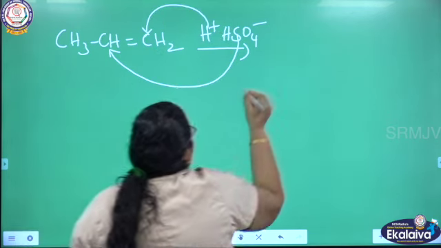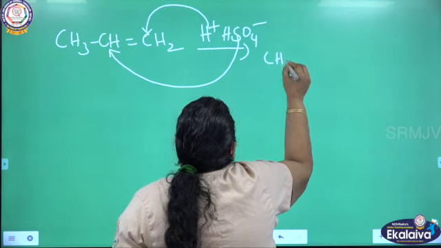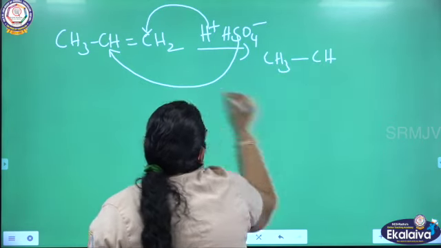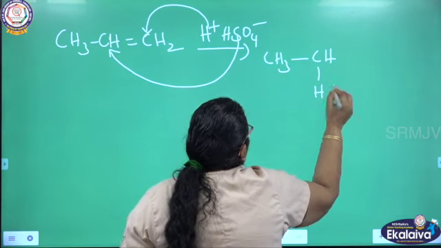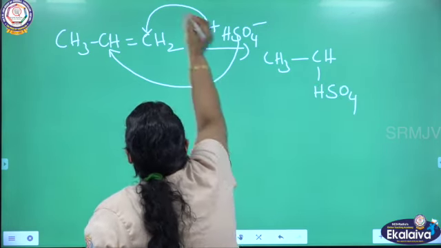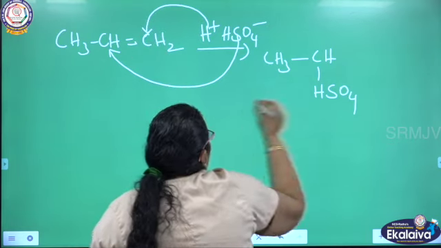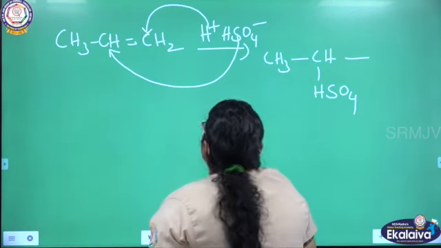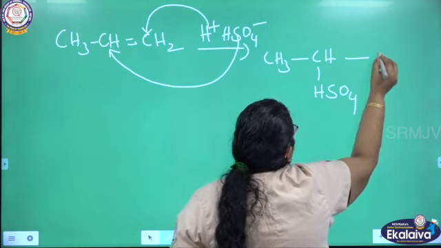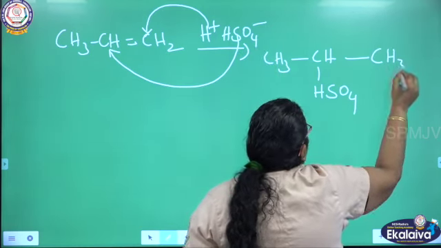So what is the product I am getting here? CH3 single bond CH, and the bisulfate ion HSO4 is added here. On the other side, as hydrogen is added, the double bond breaks and you get a single bond. One more hydrogen is added here; it already had 2 hydrogens, now it becomes CH3.